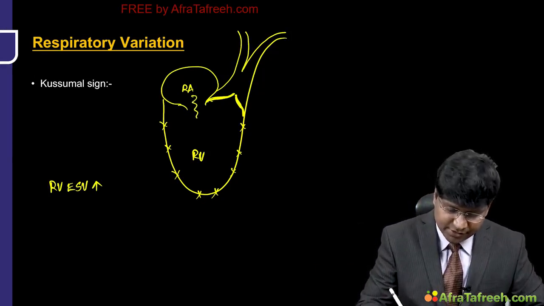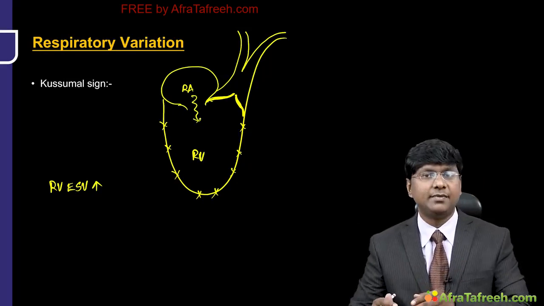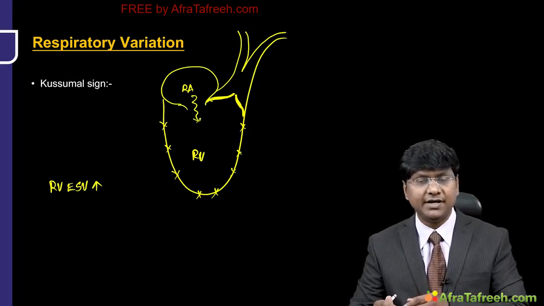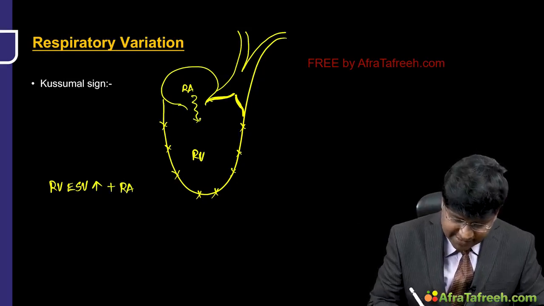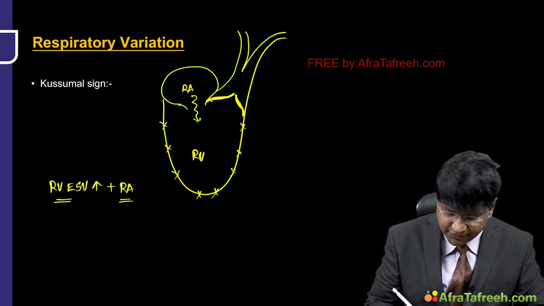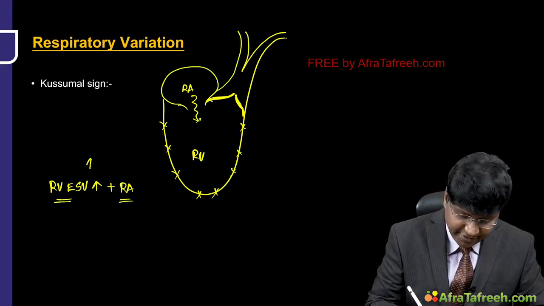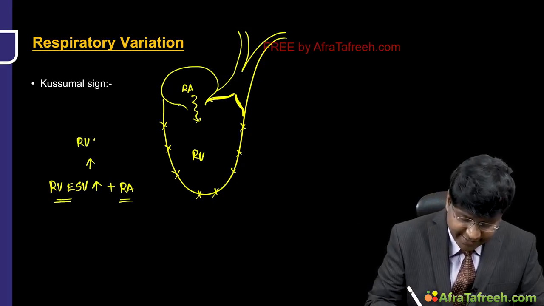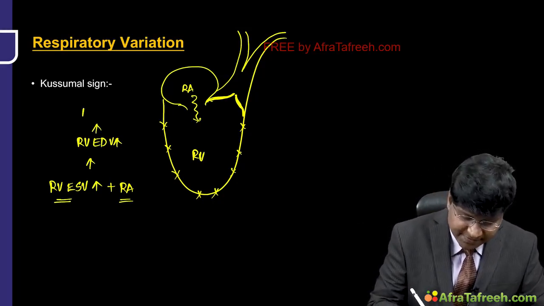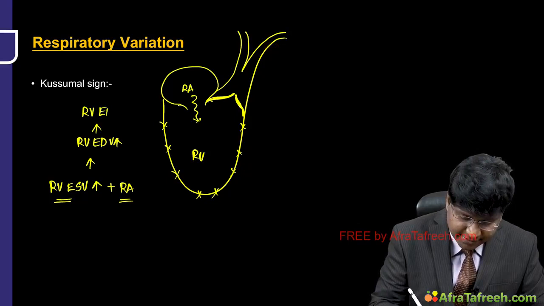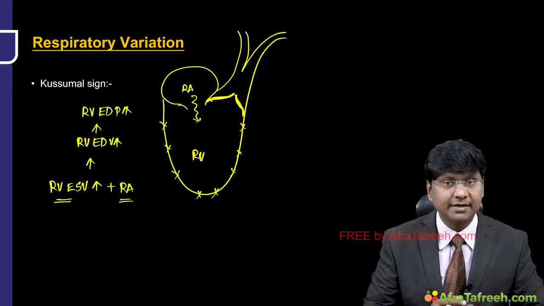Now the right atrium will be sending blood to the RV during diastole. So to this RV end systolic volume, the RA blood is added. Thereby what will happen to your RV end diastolic volume? It increases. When RV end diastolic volume increases, subsequently there is also an increase in RV end diastolic pressure.